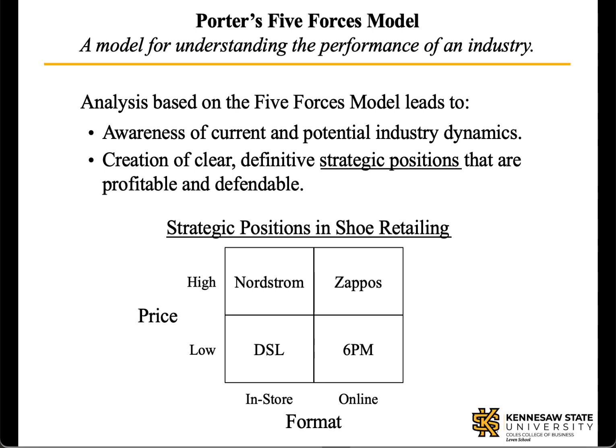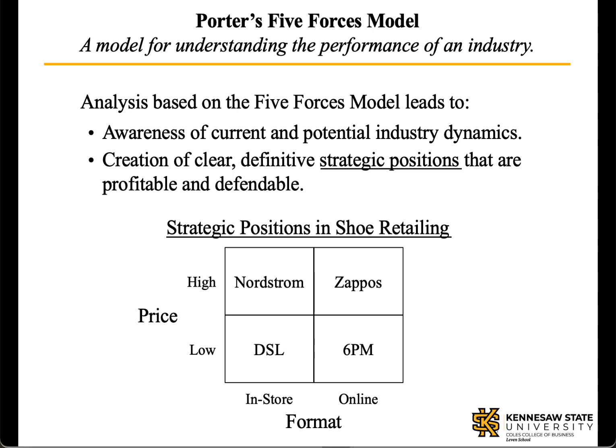The goal of this analysis is to describe clear, definitive positions that will allow a firm to be profitable over the long term. Said another way, the five forces model provides the settings for how firms will go to market and establish their own identities in these competitive spaces.